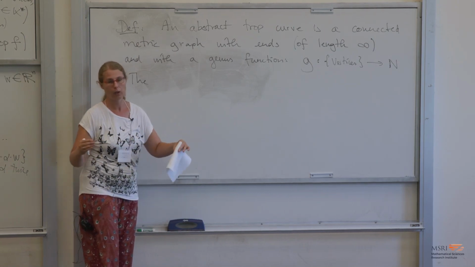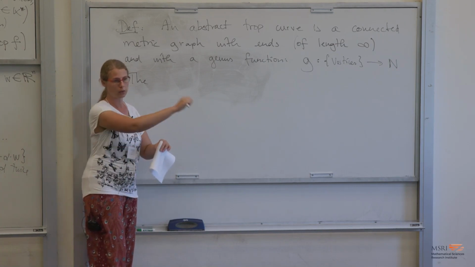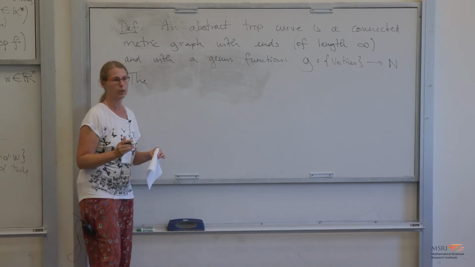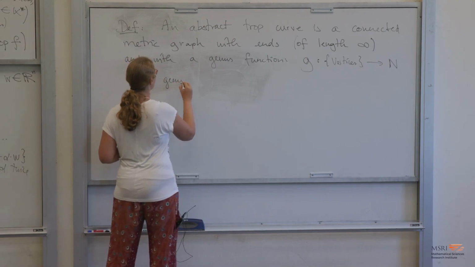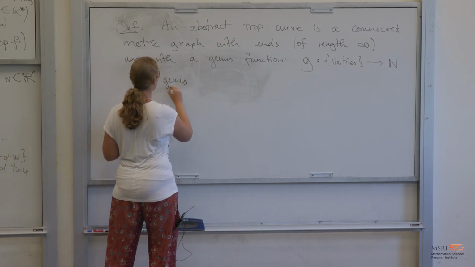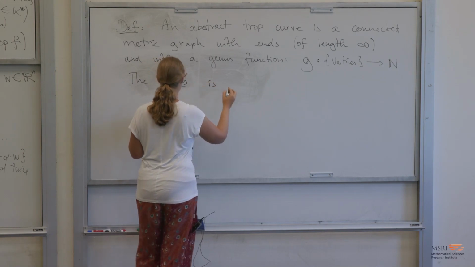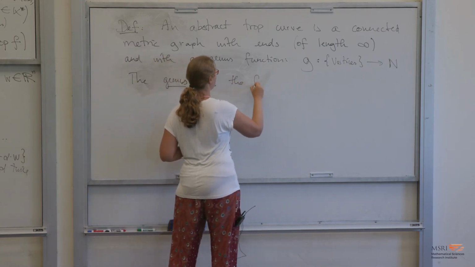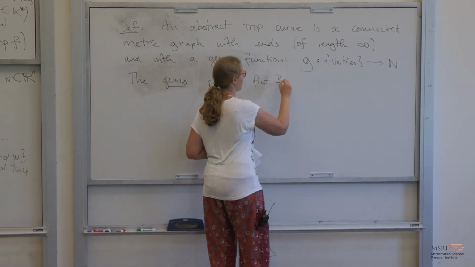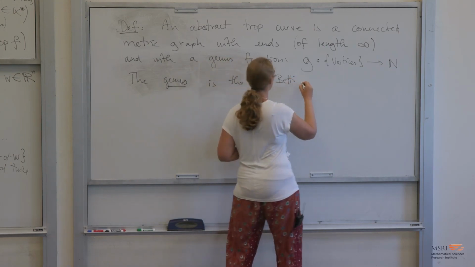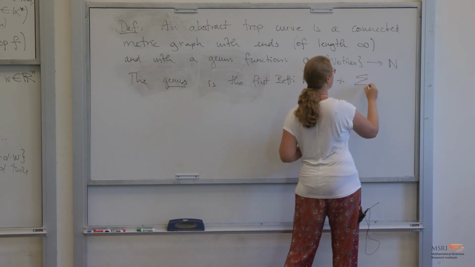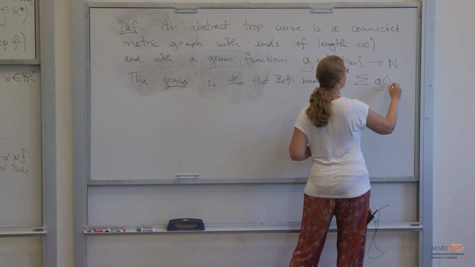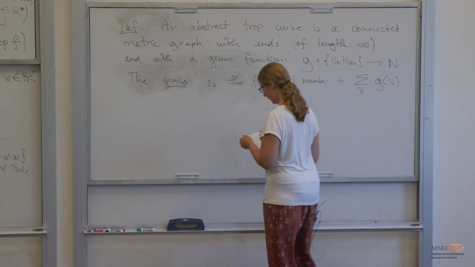If you just draw the pictures that Renzo has drawn and draw the dual graph, you see that immediately. So the genus is the first Betti number of the graph. You might also call it the genus of the graph, plus the sum of g(V) over all vertices.